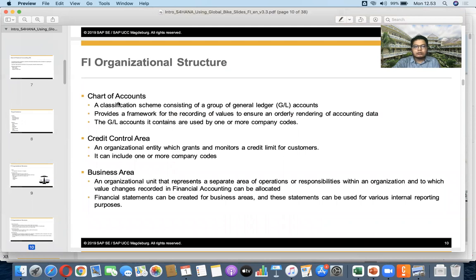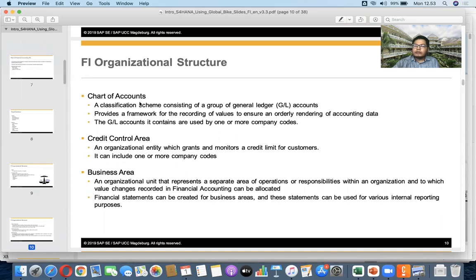However, there is one that is special, which is the chart of account. This is a list of accounts, a classification scheme consisting of a group of general ledger accounts. It can be used to group transactions and put them into the general ledger.